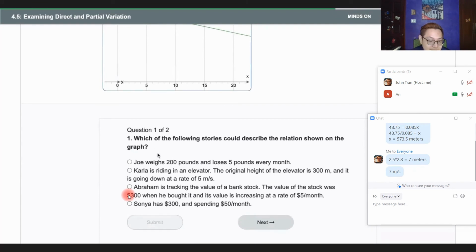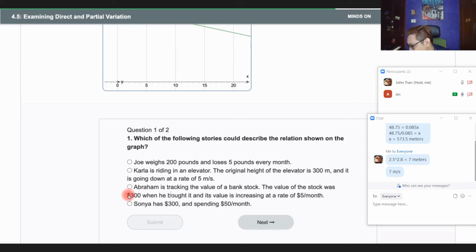Joe weighs 200 pounds and loses 5 pounds each month. Kara is riding in an elevator. The original height of the elevator is 300 meters and it's going at a rate of 5 meters per second.